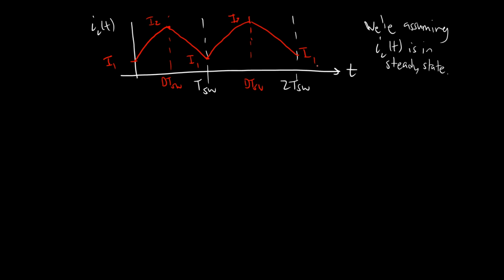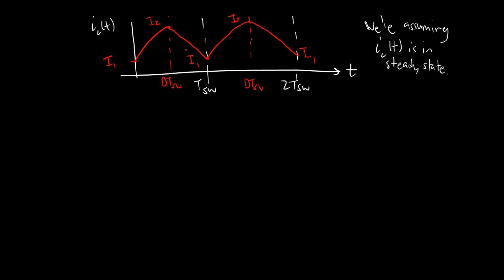We are assuming that this is operating in steady state. It means that the beginning and end of each switching cycle have the same value. So what does this look like, right? Each switching cycle has the exact same waveform in it. And if it's in steady state forever, then the next switching cycle will also look the same, and the previous switching cycle will also look the same. So by assuming we're operating in steady state, one switching cycle looks identical to the next, right?